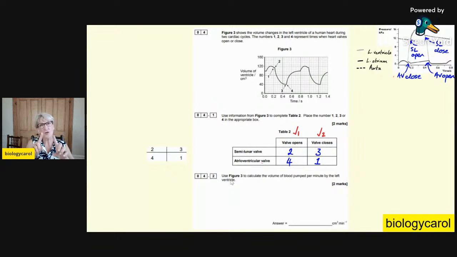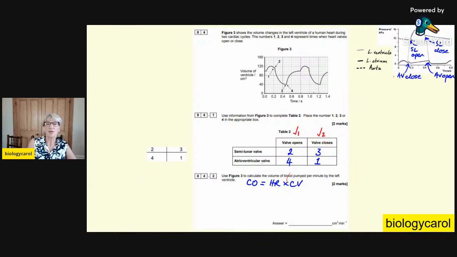So for those two pieces of data, we need to know the heart rate, and we need to know the volume of the left ventricle, because then, as you may remember, cardiac output equals heart rate times stroke volume.